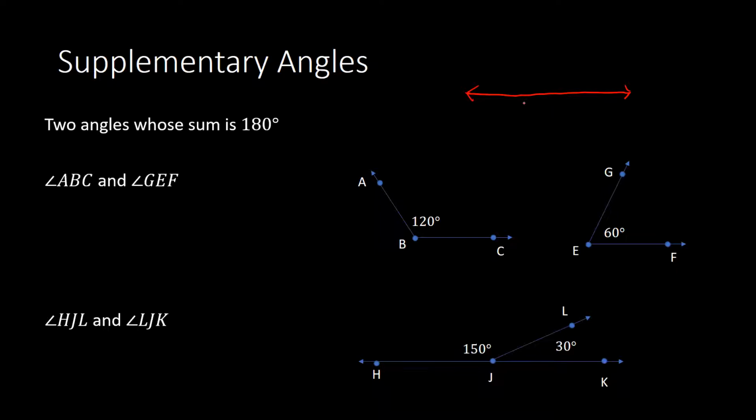So the one here in red would not be supplementary because, by definition, we need two angles whose sum is 180. Same thing for complementary angles. A right angle, just like this, would not be complementary because complementary angles also require two angles adding up to 90 degrees. So take note of that little nuance in the definitions.